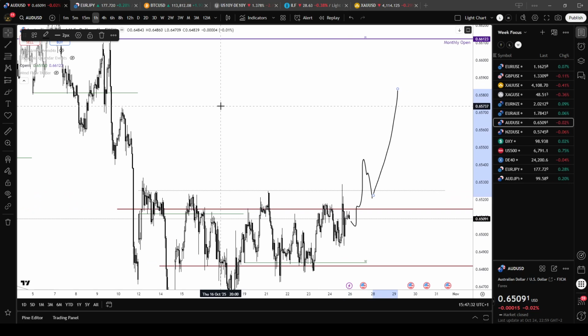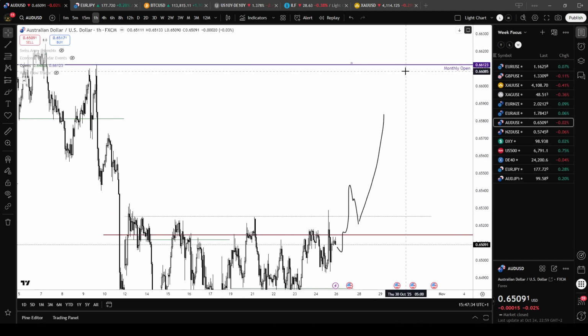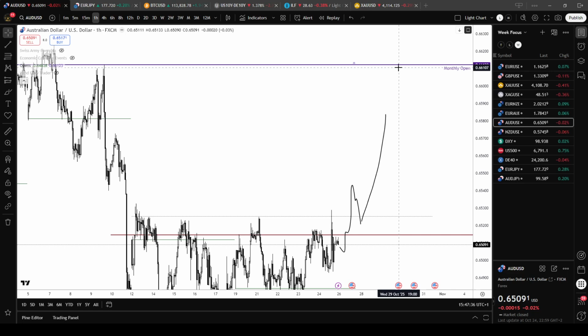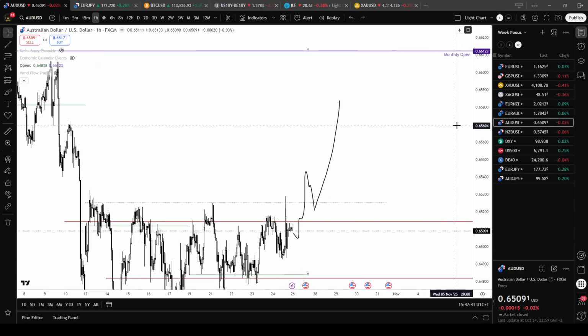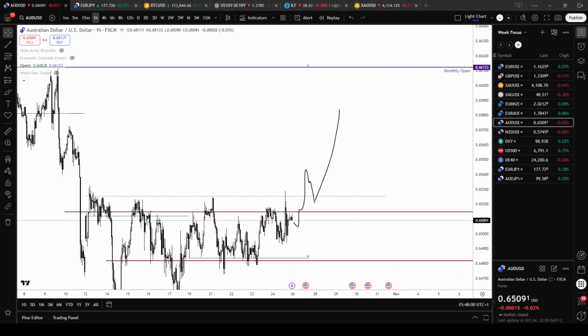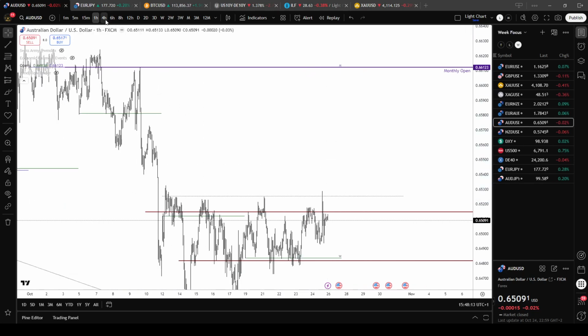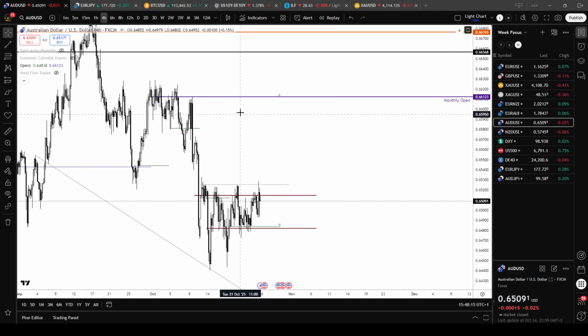And the target, I think it makes sense to target the monthly open and see price defend it. I'm not as interested in shorting AUD as I am in shorting the euro. However, I still think that the monthly open should hold, but if I have to go short, I'd much rather short the euro or GBP.